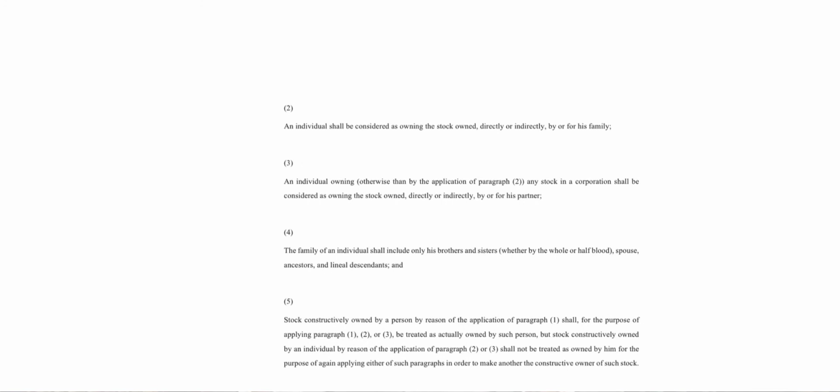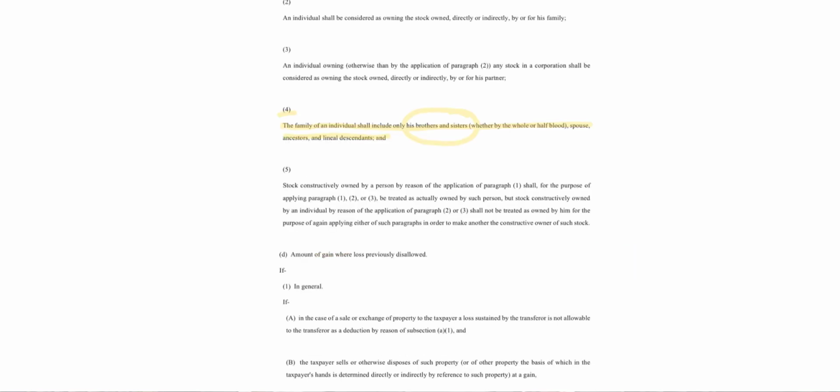The family of an individual shall include only his brothers and sisters, spouse, ancestors, and lineal descendants. So that doesn't look good because it specifically says brothers and sisters. Okay, we need to see if there's anything that deals with in-laws. Let's see if we can find anything that deals specifically with in-laws. Well, this is an example of where you need to really read the language.